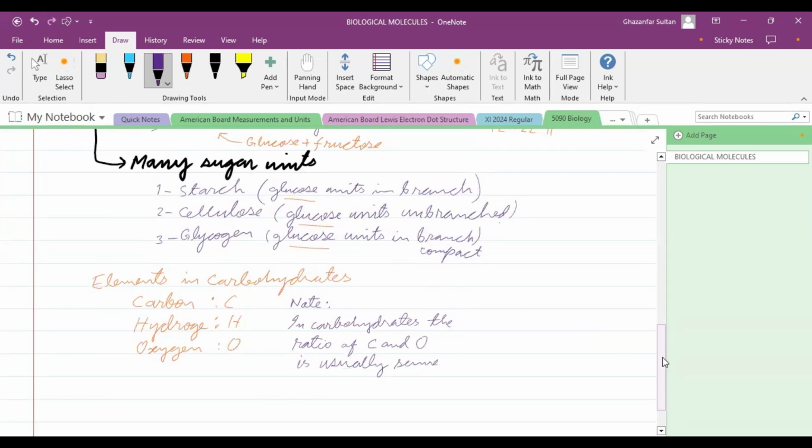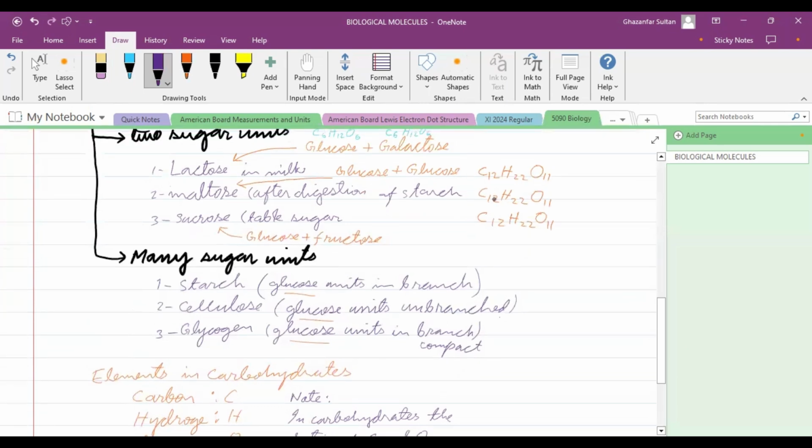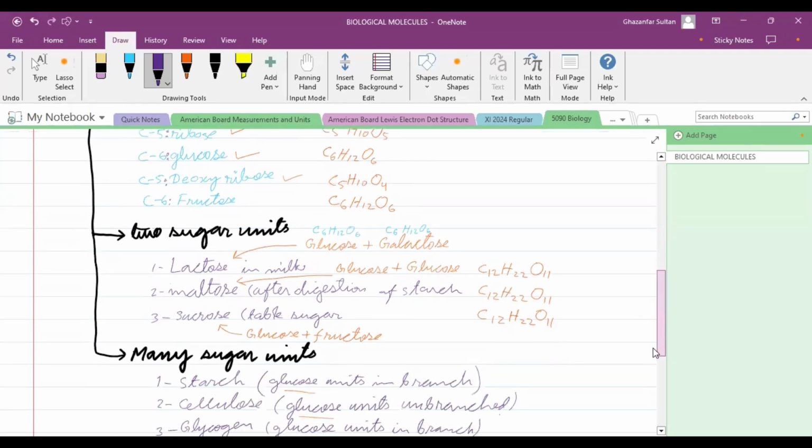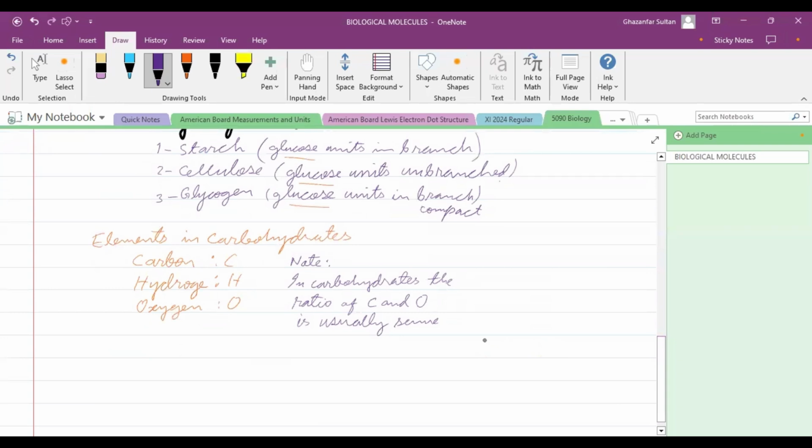If you see all this formula, then you will find that if there are 12 carbon atoms, there are 11 oxygen, almost same. And in these carbohydrates, they are same, except this deoxyribose. Carbon and oxygen have the same ratio.